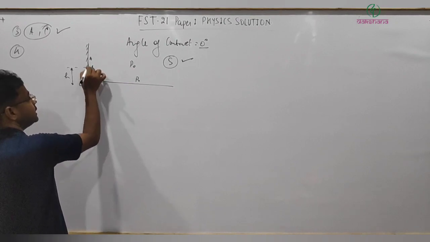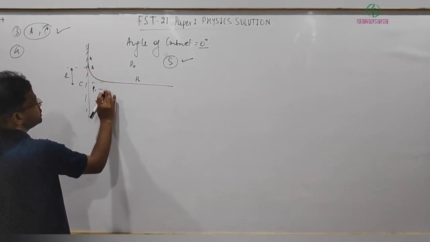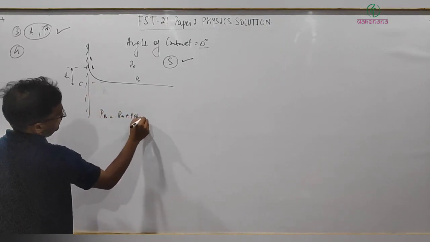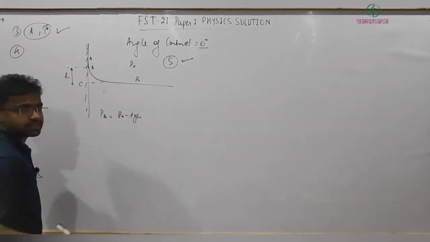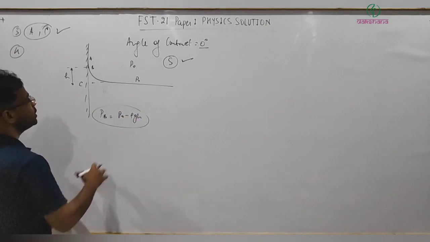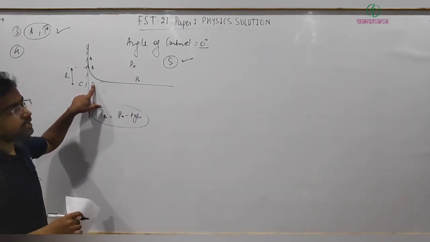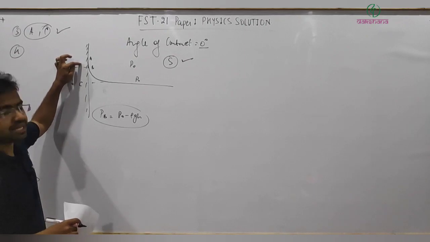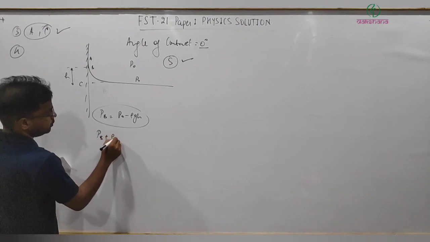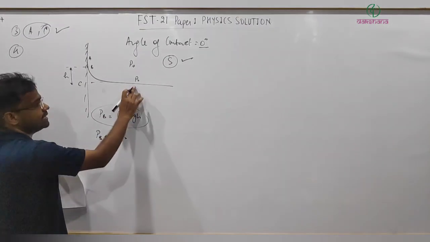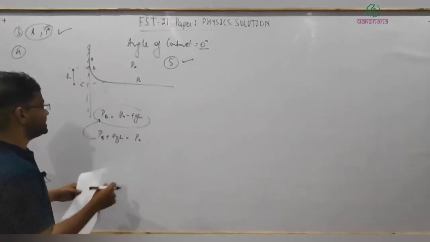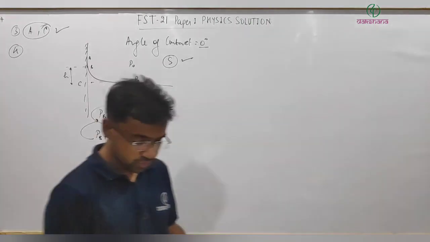So I can write the pressure at B as P0 minus rho gh. As I go down, the pressure changes, because PB plus rho gh will be equal to the pressure at this point, which should be equal to P0. From there I get this pressure: the pressure at point B comes out to be P0 minus rho gh.